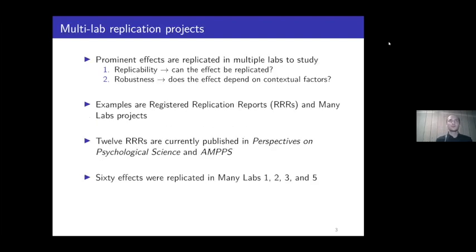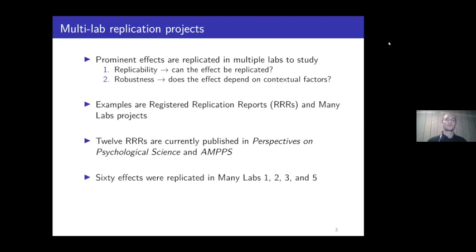So first, about these multi-lab replication projects. The idea is that some prominent effect is selected, and this effect is replicated in multiple labs across the world. Usually there are two aims. The first aim is that researchers want to study the replicability, which means, can the effect be replicated?